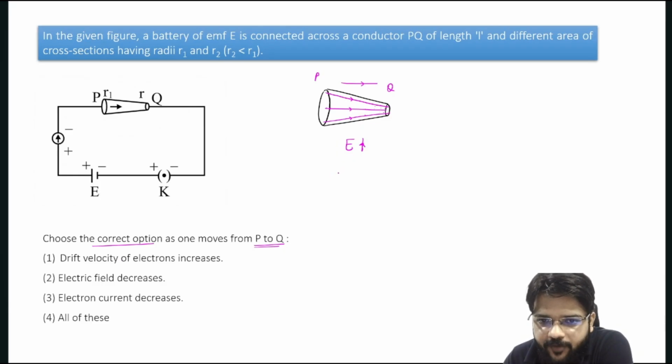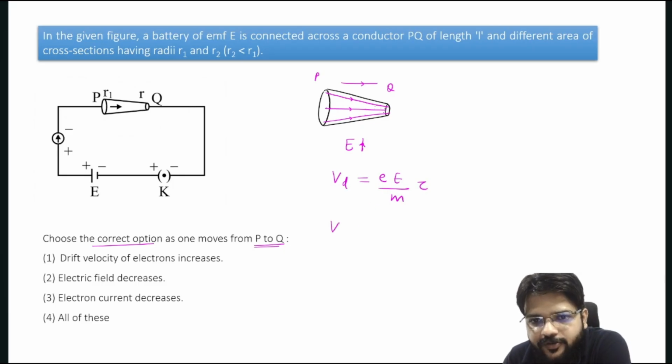We know one relation, Vd equals eE by m into tau, where E is the electric field. So we can say that drift velocity is directly proportional to electric field, correct? And continuously electric field is increasing when we are moving from P to Q. So definitely drift velocity will also increase here. Means option number 1 is correct.